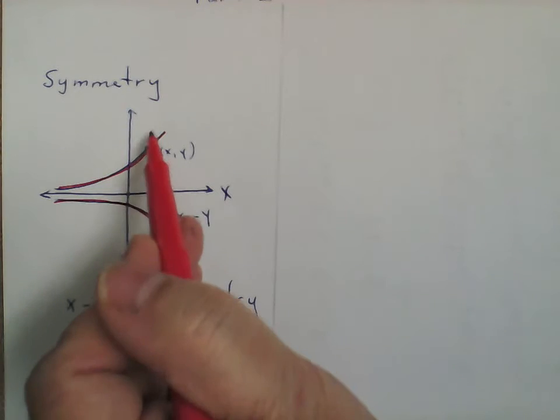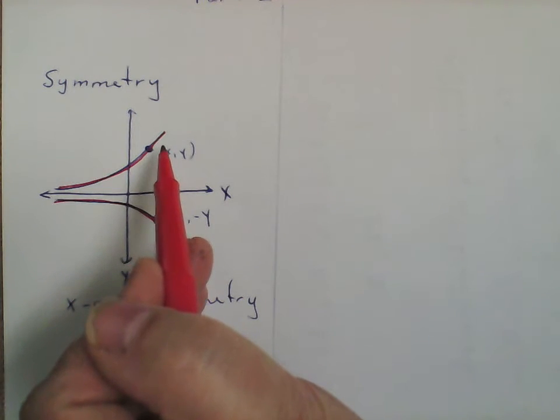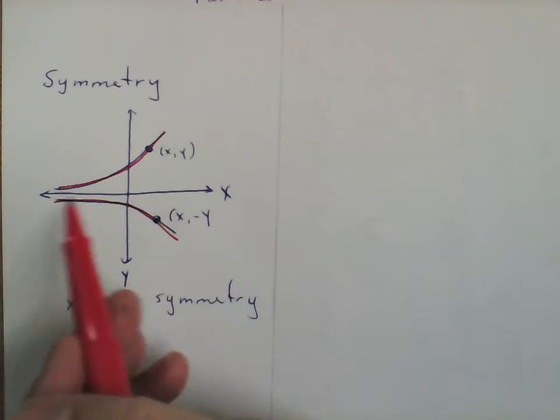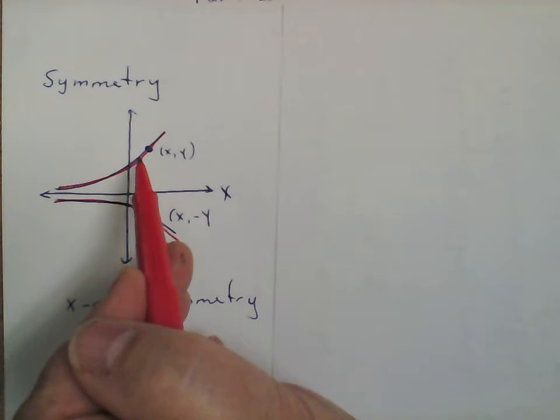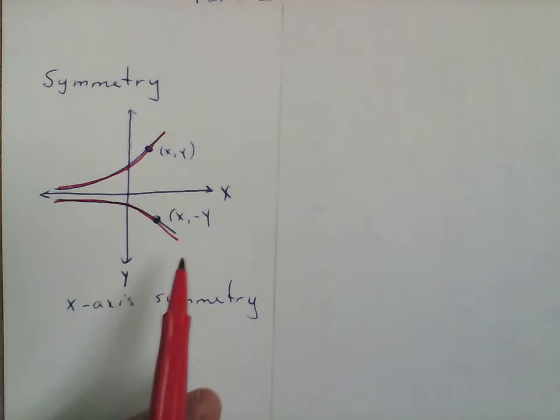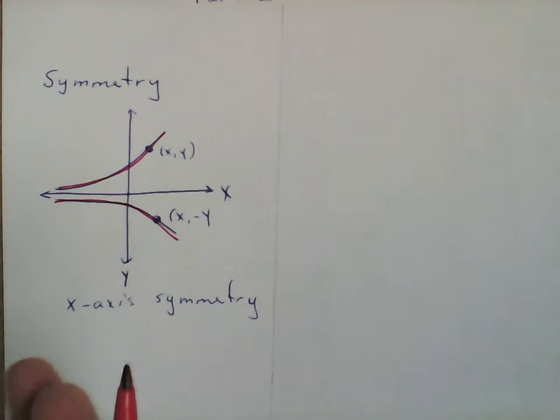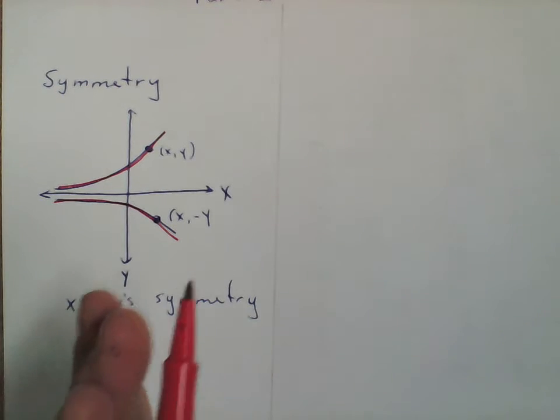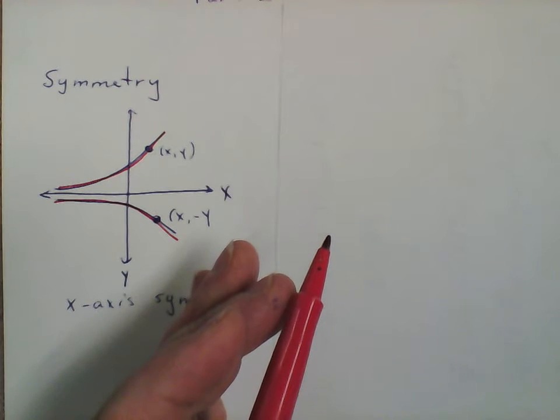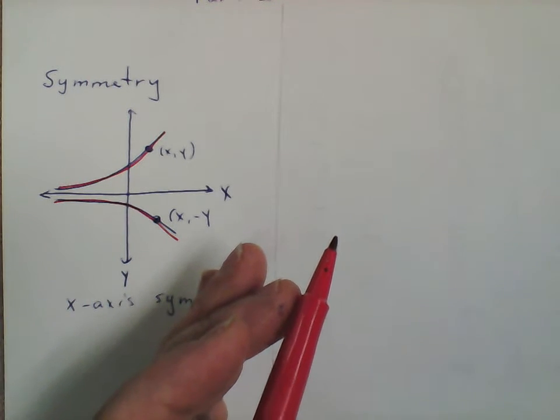When we're crossing the x-axis, any point on this graph should have an opposite y point on this side. Notice that when we're talking about symmetry about the x-axis, the only thing changing in our points is the sign of our y value.